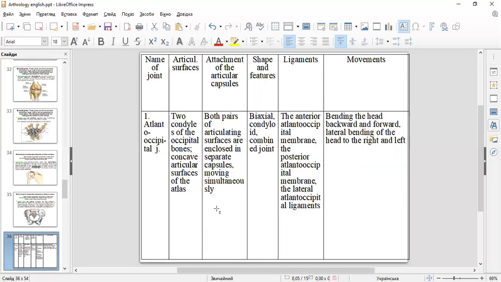Bi-axial, condylar, combined joint. Accessory elements are the anterior atlanto-occipital membrane, the posterior atlanto-occipital membrane, and the lateral atlanto-occipital ligament. Movements: bending the head backward and forward, and lateral bending of the head to the right and left.